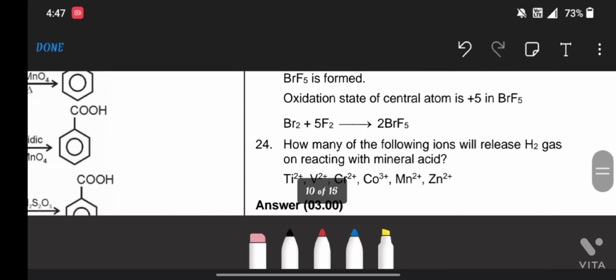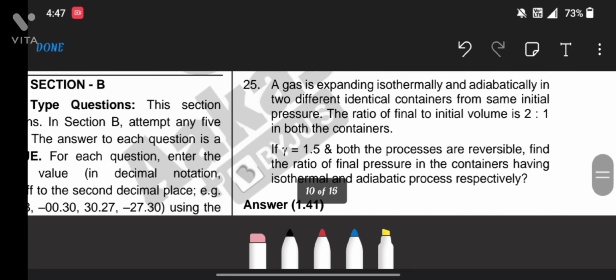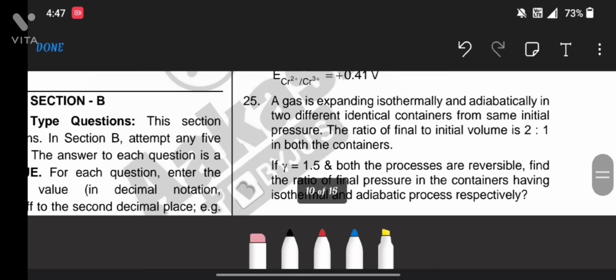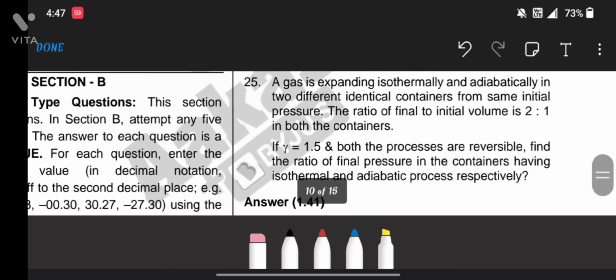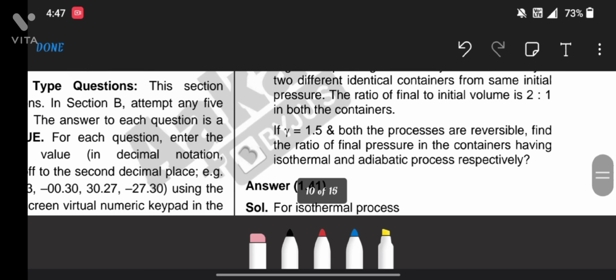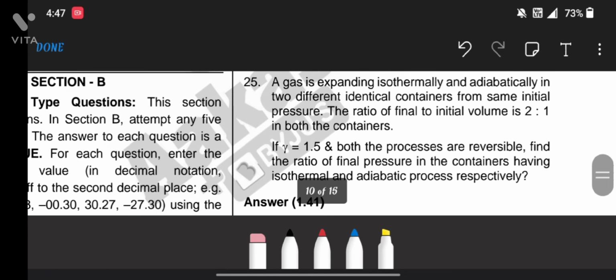For adiabatic, P_i V^γ is equal to P_f adiabatic (2V)^γ. If we divide, P_f iso over P_f adiabatic is 2 to the power minus 0.5 into V to the power minus 0.5, that is equal to root 2, approximately 1.41. So 1.41 is the answer we get.